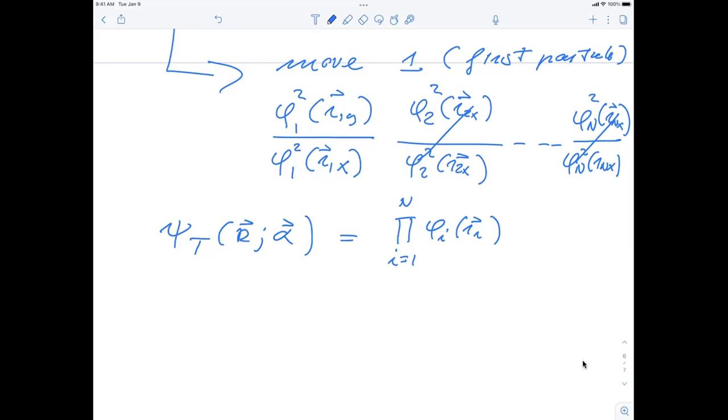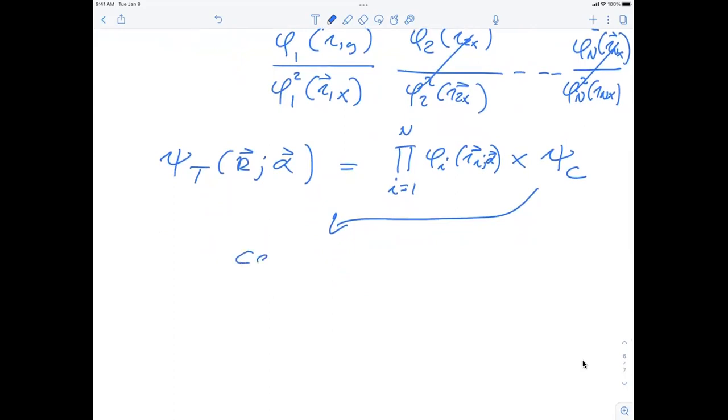But this is going to contain also something which we are going to call a psi of C. So this will also be a function of the variational parameter. And this psi of C is something which is normally called the correlated part of the wave function. So correlations, correlated part, or often called the Jastrow factor.